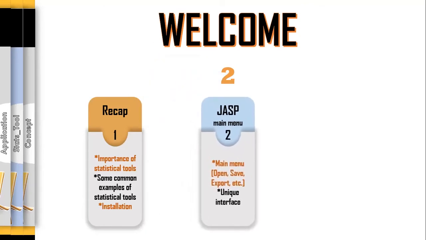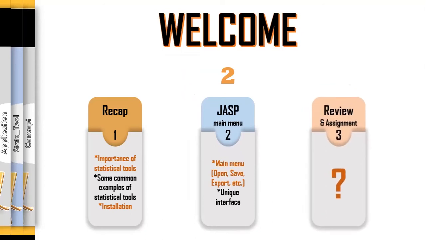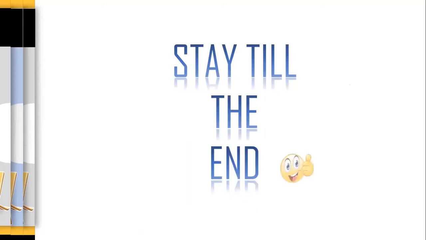In this short video, we would focus on the main menu of JASP. We would also look at some unique features of the JASP interface. And what is more, there is an assignment after the review. So our encouragement to you still remains: stay till the end of the video.